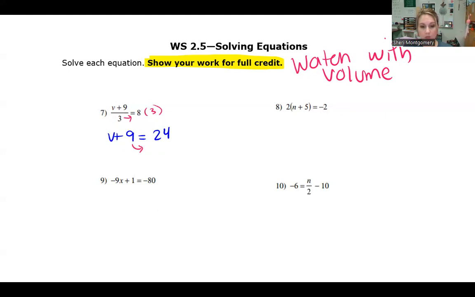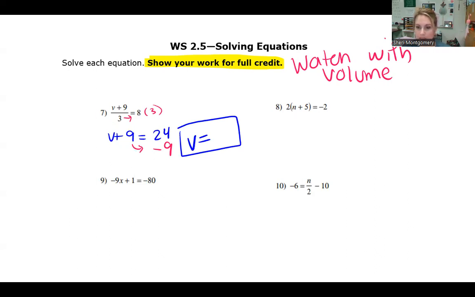We need to subtract 9. All right, so then we end up with 24 minus 9. And what is that? V is equal to, and if you're watching with volume, you can hear my answers, 15. V is equal to 15. Very nice.